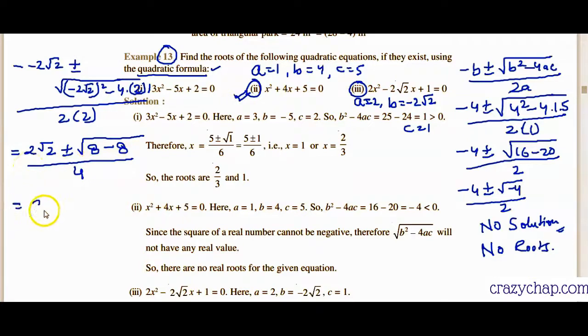So we get 2 root 2 plus minus square root of 8 minus 8, which is 0. So we get 2 root 2 over 4. Hence 2 cancels, 2 and 4 cancel. So we get 1 over square root of 2.